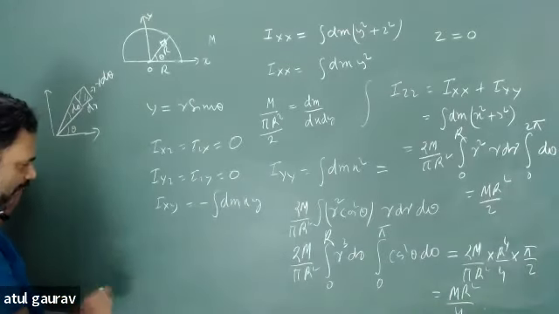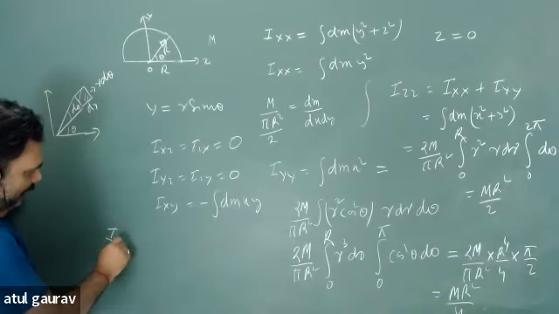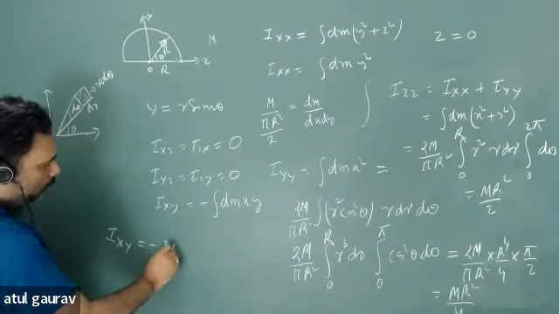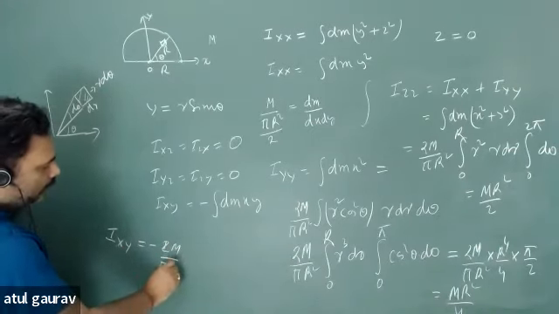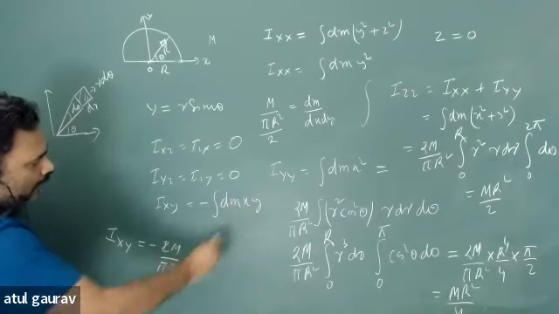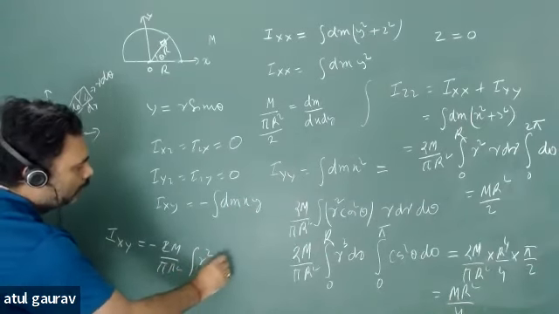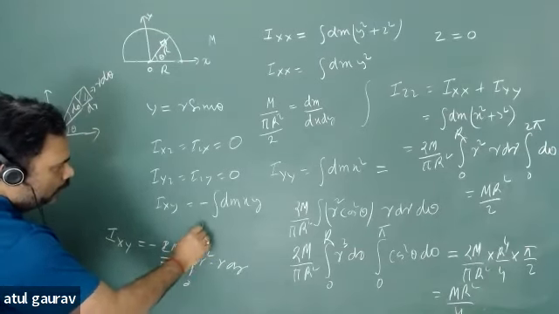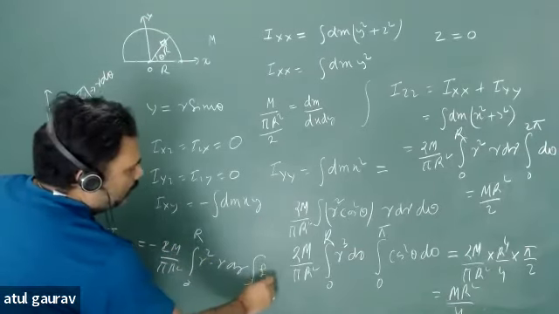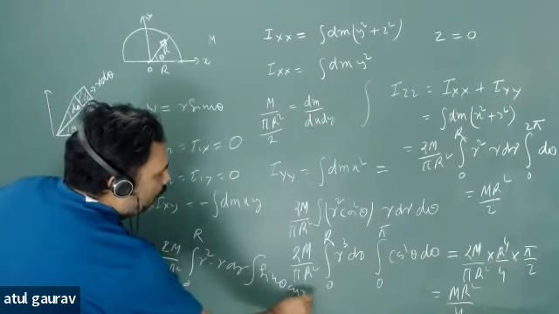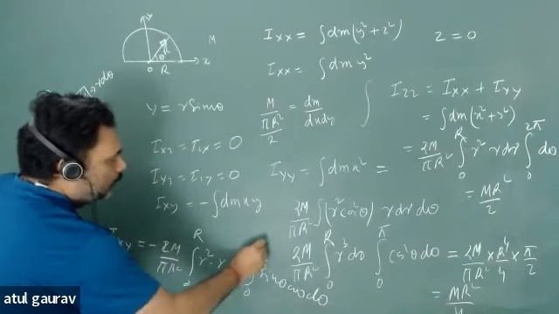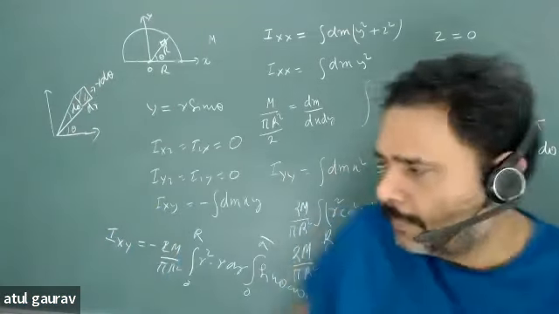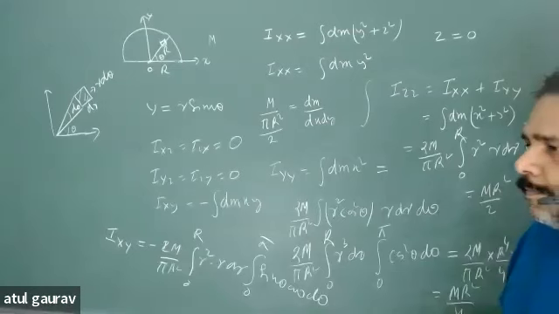Anyway, so this is Ixy equals minus 2m upon pi r square, xy, r square into r dr from 0 to capital R, and you have sin theta cos theta d theta from 0 to pi. Is it understood how this was done? Yes or no?